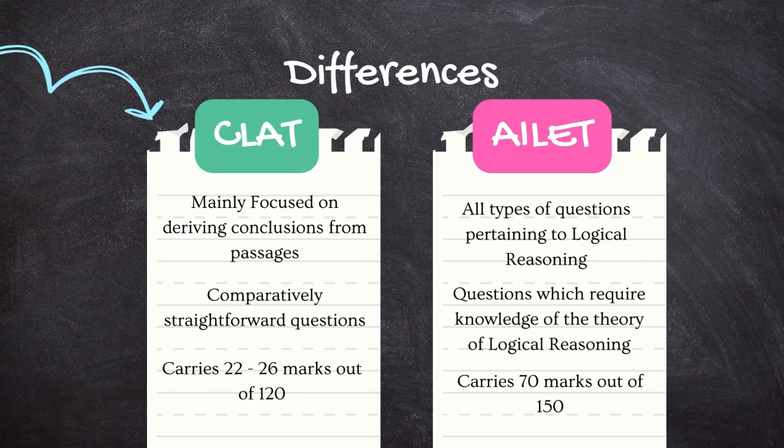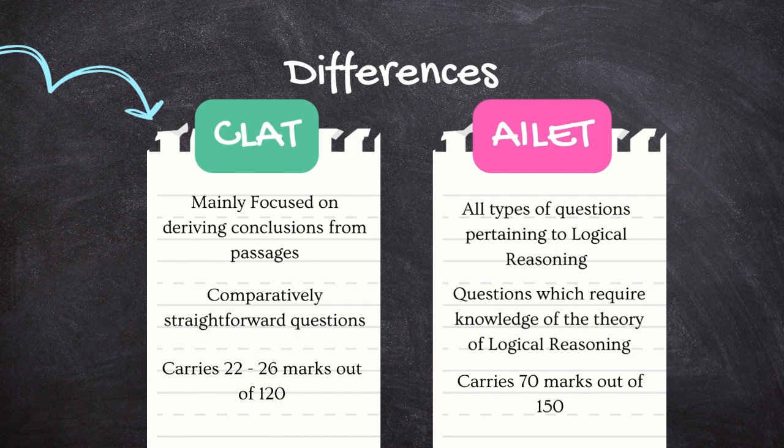And on the other hand, in case of AILET, logical reasoning carried 70 marks out of 150 in the December 2023 paper. That is, almost half of the paper was based on logical reasoning. Therefore, it will be clear that CLAT and AILET require different levels of knowledge, strategy, and preparation.